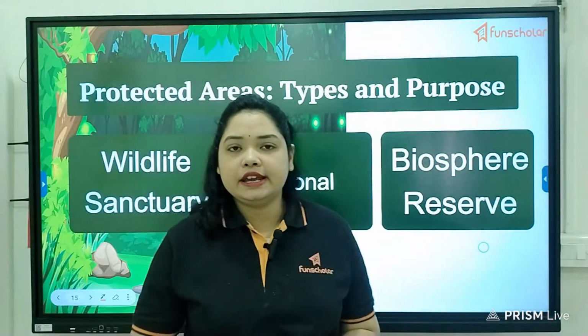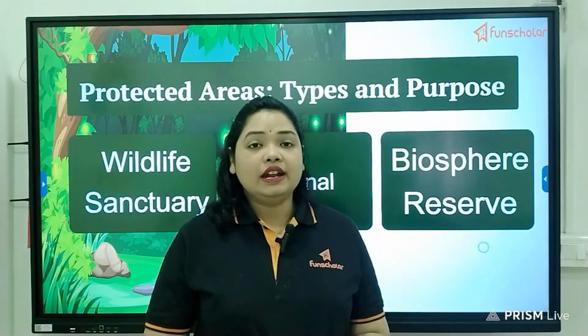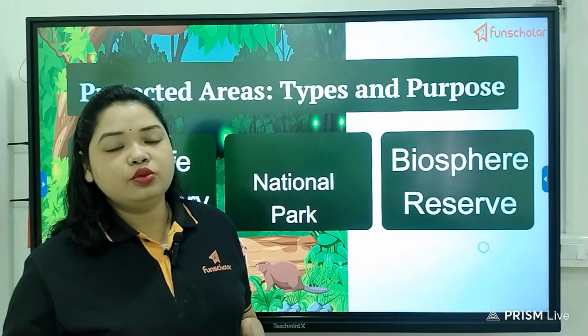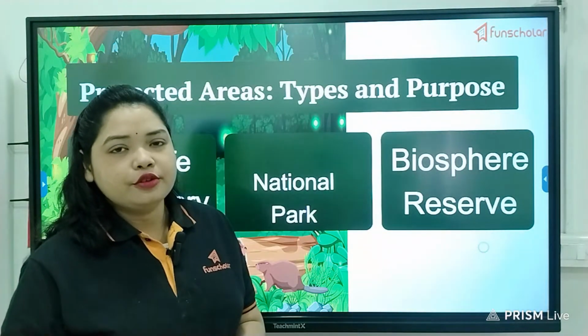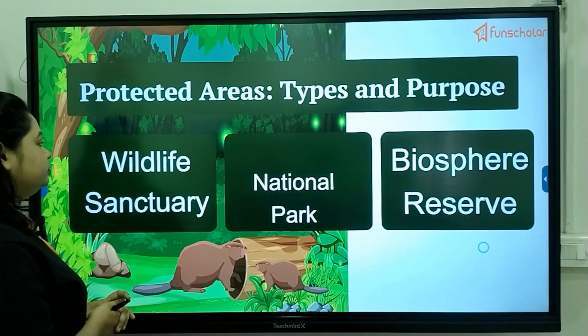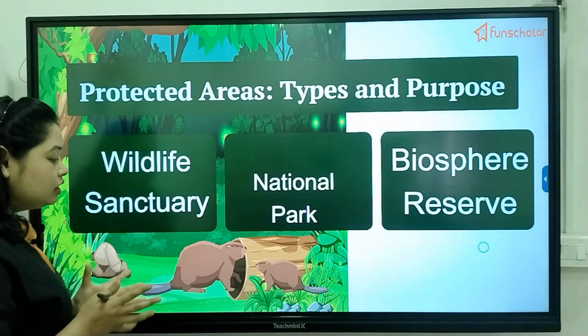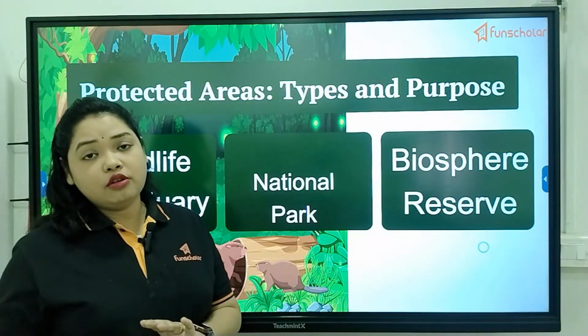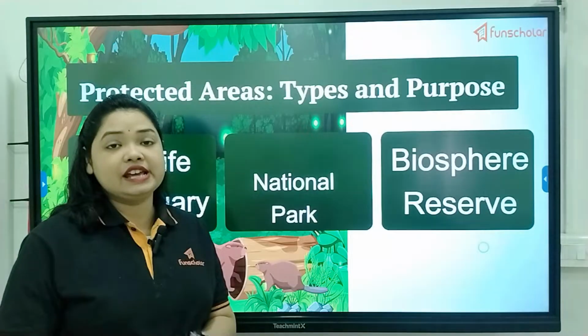Wildlife sanctuary aims to protect wildlife as the name suggests. The wildlife can include a particular species. For example, it can include the species of all the life forms or the endemic species which are found in that area particularly as a whole.